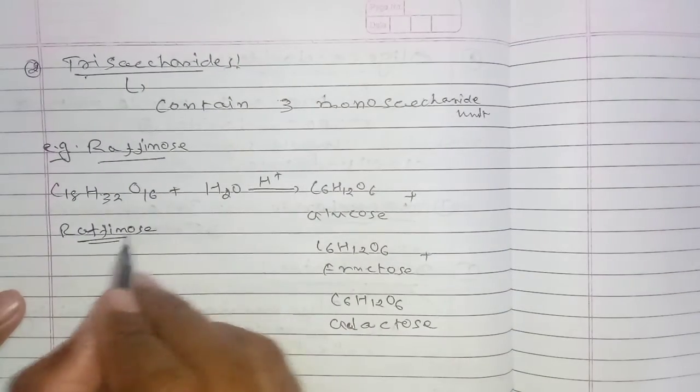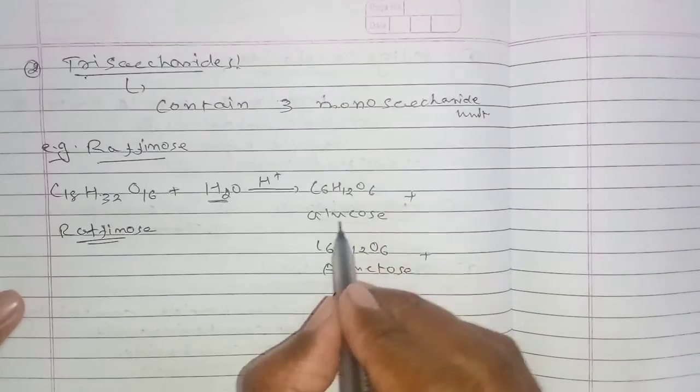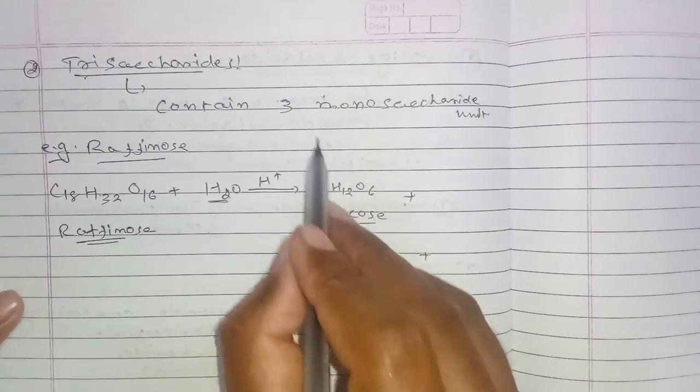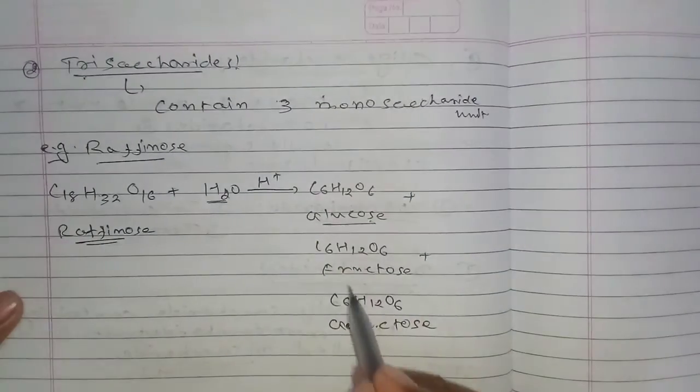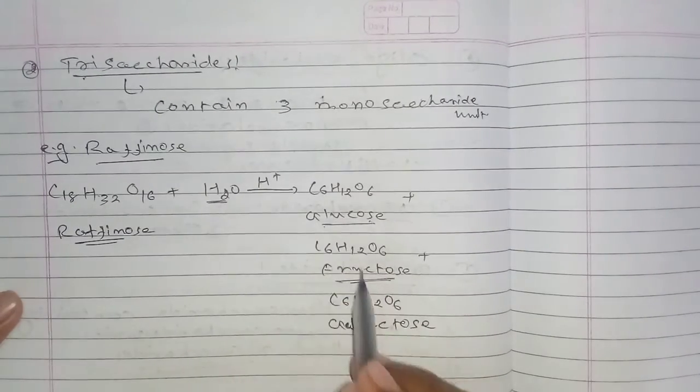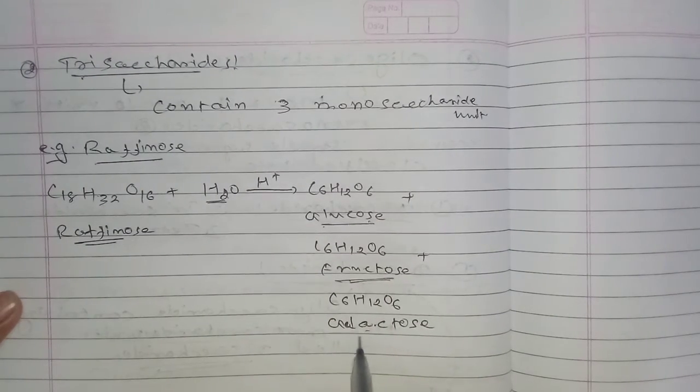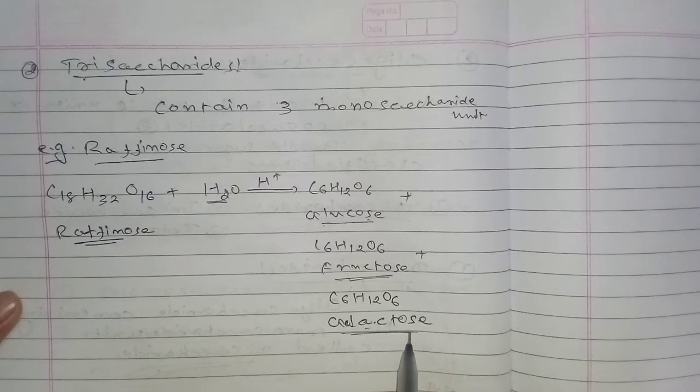So raffinose on hydrolysis gives 3 different monosaccharides: number 1 is glucose, number 2 is fructose, and number 3 is galactose.